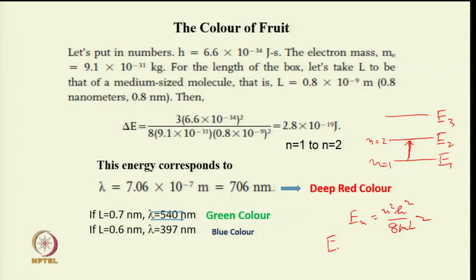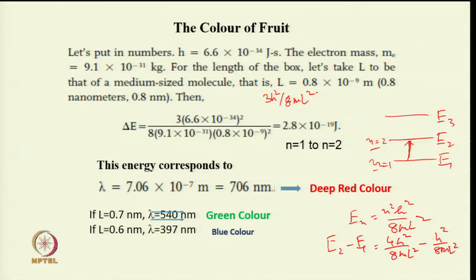So, E2 minus E1 will be equal to 4 h square by 8 mL square minus h square by 8 mL square. Here n square is 4 when n is 2, and n square is 1 when n is 1. So, E2 minus E1 will be equal to 4 h square minus 1 h square, which is 3 h square by 8 mL square.